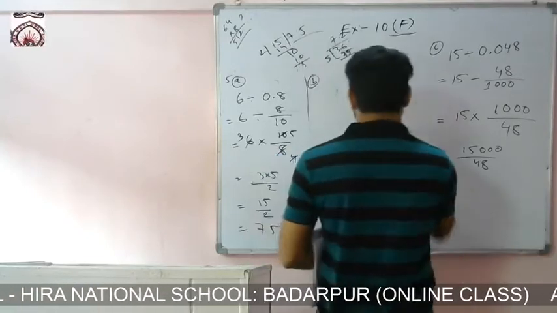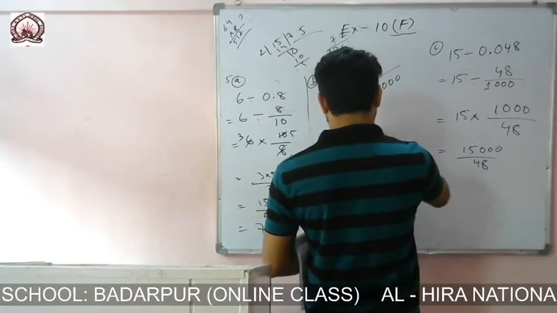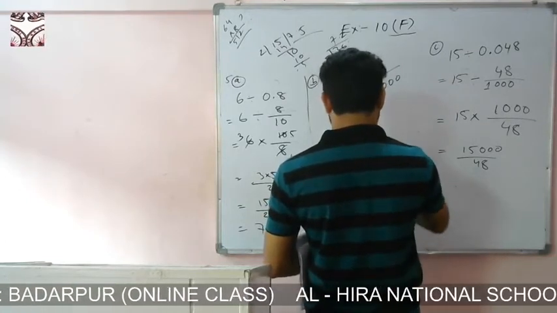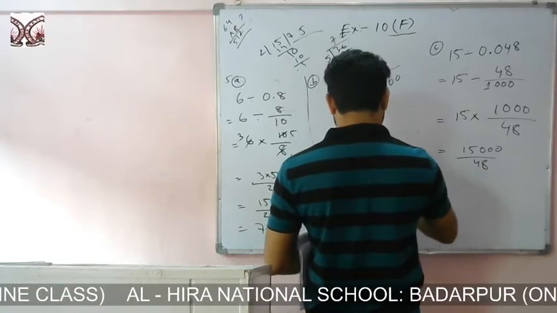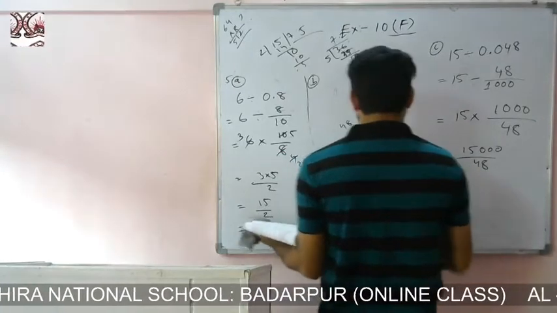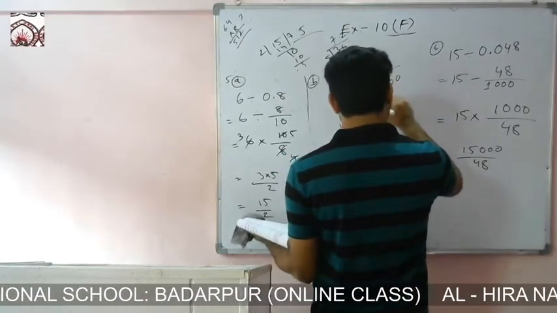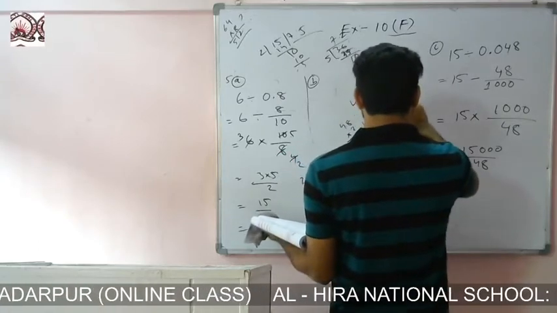So check for 48, 150. 48 into 2 is 96. 48 into 3 is 144. That means into 3 we can write 144. So here remain 10. 10 minus 4, 6.